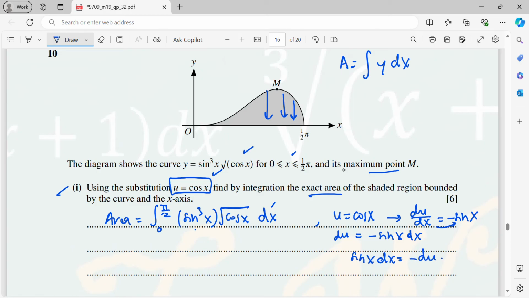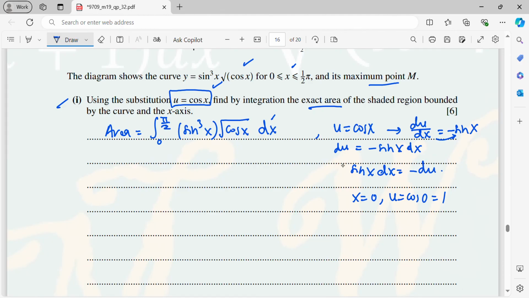It means that instead of sin cubed x, I have to split it into sin squared x and sin x. Then the sin x combined with the dx is changed to negative du. And then now I need to calculate the limits. So when x equals 0, my u is cos 0, that is 1. Then when x equals half pi, my u is cos half pi, which is 0.